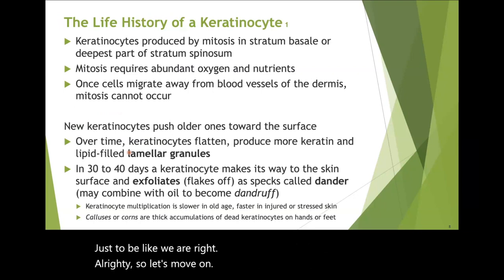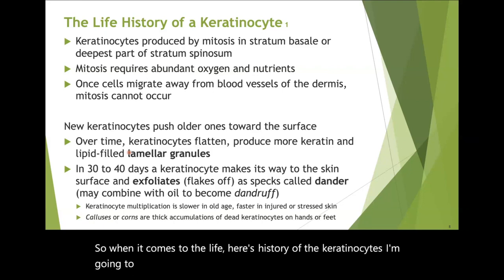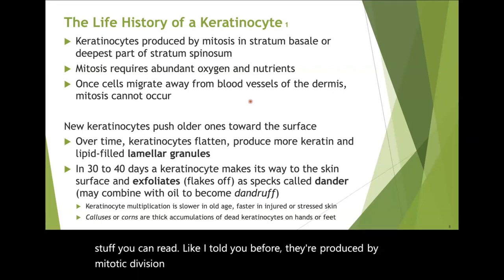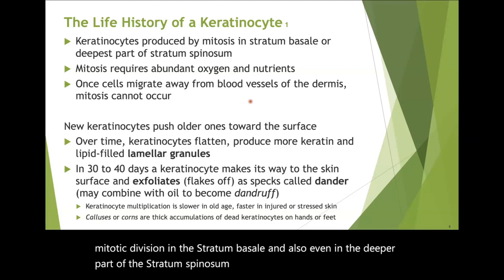So when it comes to the life history of the keratinocytes, I'm going to kind of scoot through this a little bit, because really this is stuff you can read. Like I told you before, they're produced by mitotic division in the stratum basale, and also even in the deeper part of the stratum spinosum, okay? Mitosis is going to require oxygen and nutrients.